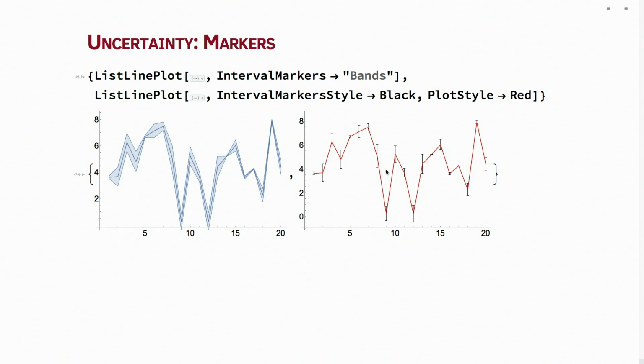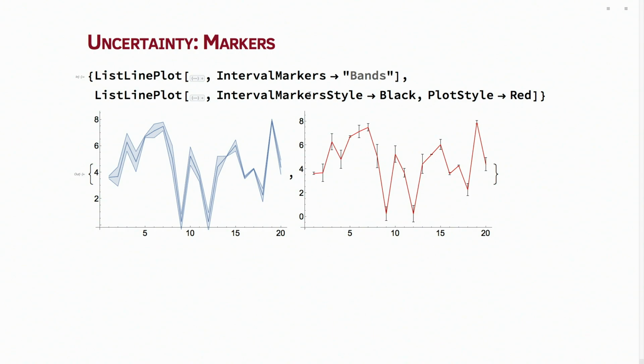So we have two new options, interval markers and interval marker style. So we can say that we want bands or we want the bars or whatever representation makes the most sense for your data and your application.